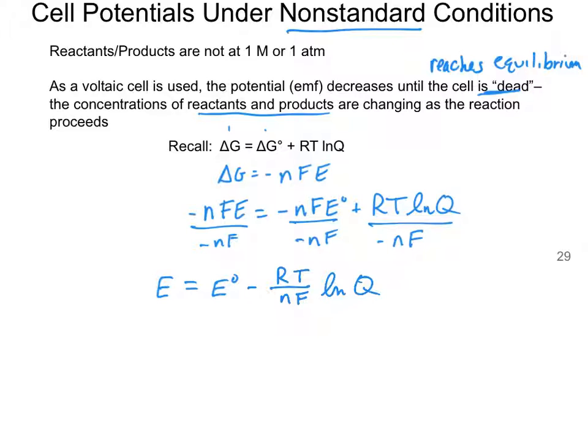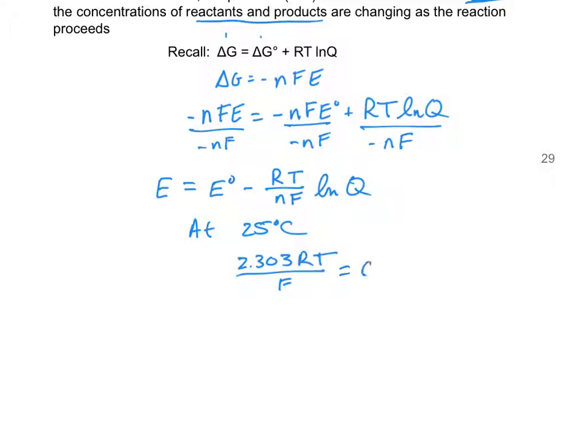We just saw how we can relate natural log to log base 10. Remember, we said RT over F is a constant. Same story here. At 25 degrees Celsius, 2.303 times RT over F is still equal to 0.0592 volts.